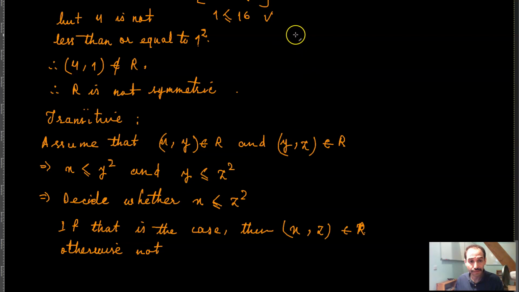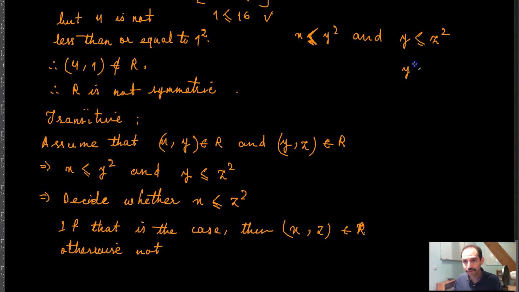Meaning that if x is less than or equal to y squared and y is less than or equal to z squared, then in order to get some inequality between x and z and forget about y squared, you would have to basically raise this to the second power.